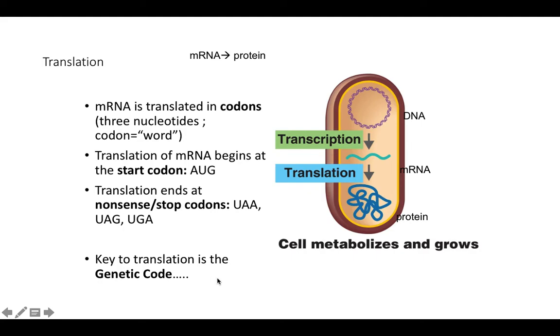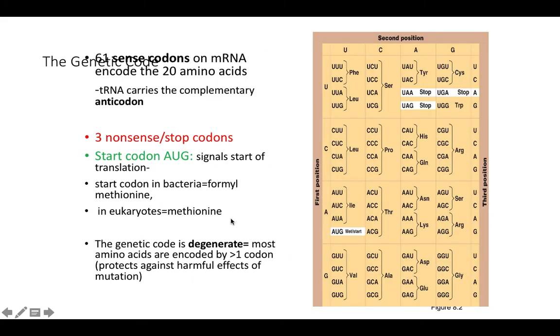And again, the key to translation is the genetic code. With 4 nitrogenous bases and the codons representing 3 bases, we have 64 possibilities. And all of these codons will be translated into amino acids except for the stop codons right here. When the ribosome hits a stop codon, it stops translation, it releases the mRNA, and it releases the protein, and translation is finished.